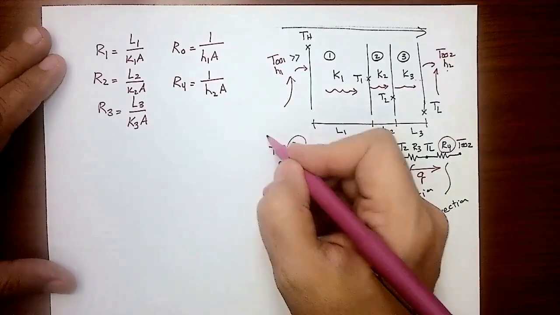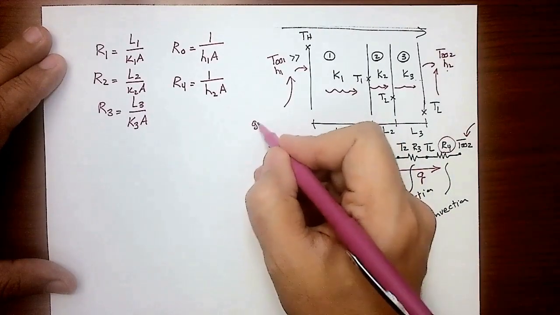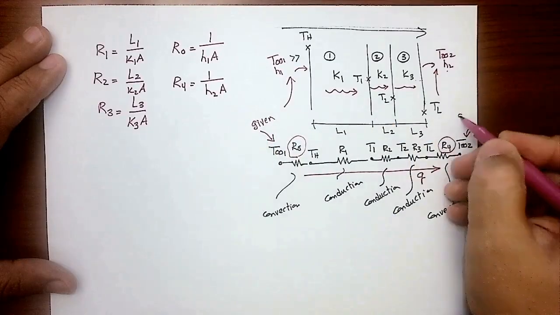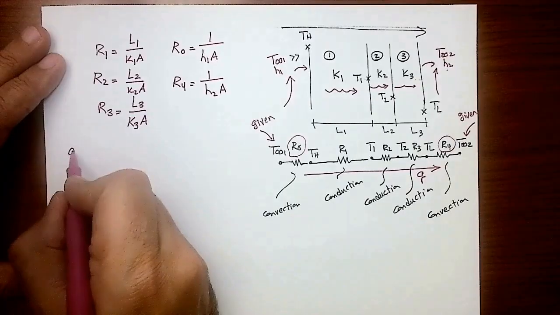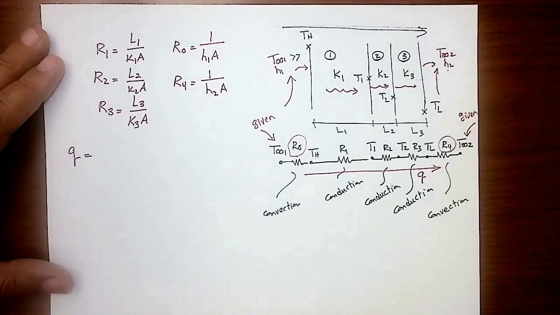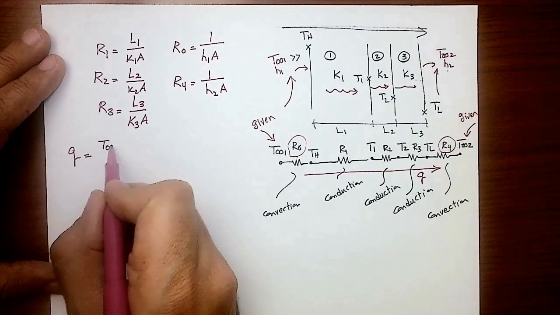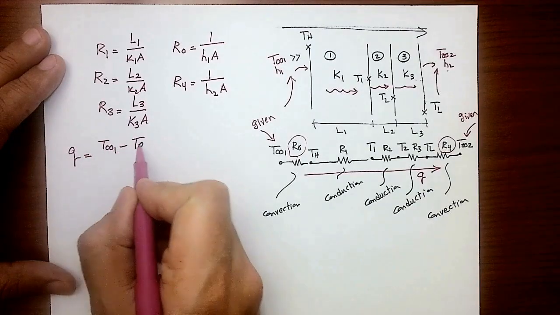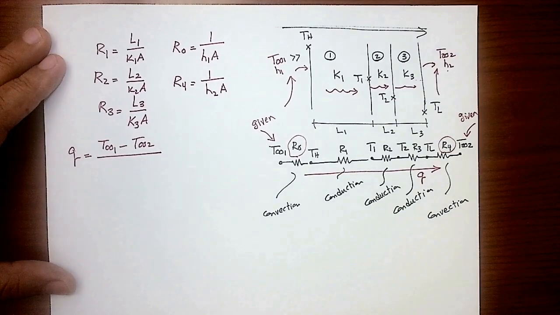What's going to happen? I'm only going to give you this temperature and this temperature. This will be given, and this will be given. What does that mean? If you want to calculate Q, you have only one way to calculate Q. Pick two known temperatures, which are T infinity 1 minus T infinity 2. In this case, you have to divide by the equivalent resistance in between.